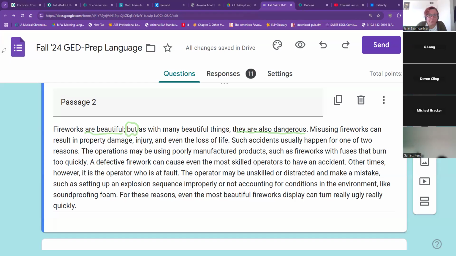By saying they're beautiful but dangerous, it refocuses us away from fireworks' beauty. This paragraph is not a beautiful descriptive paragraph about their beauty.